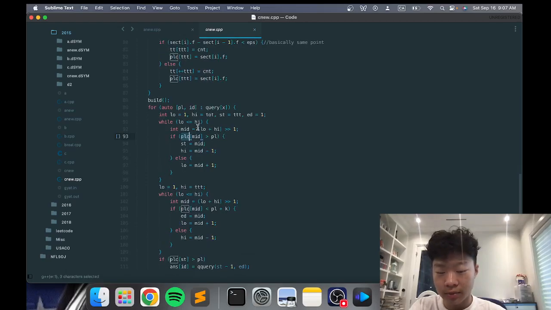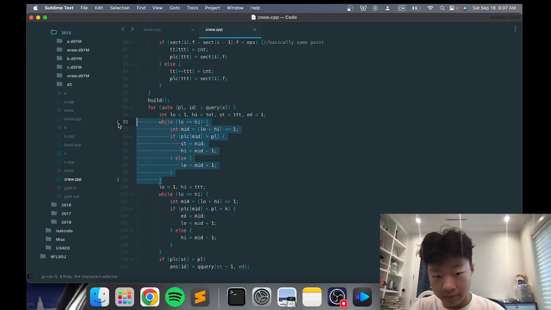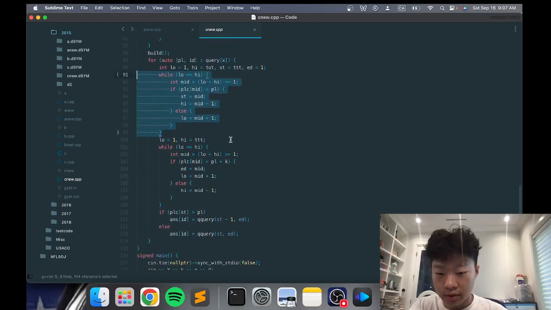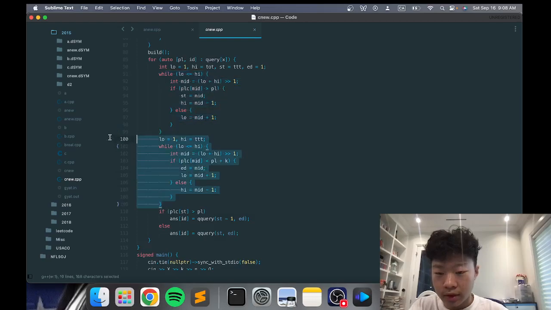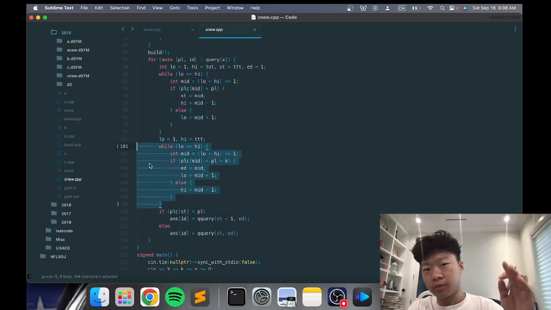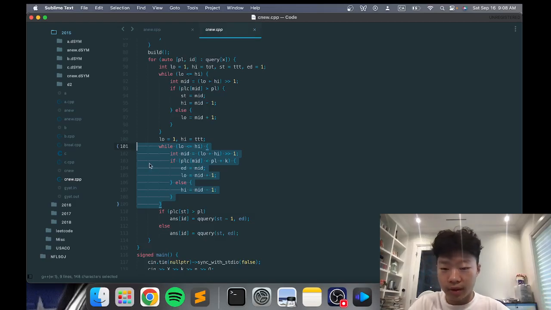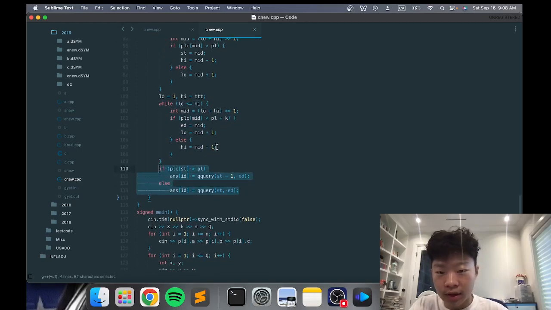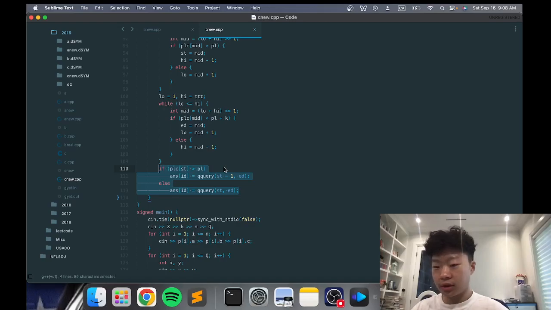So this binary search finds the first intersection that is within the boundary. And then this is beyond the boundary, or before the ending boundary. And here, this is a special consideration you have to make, since, okay, let me draw this out.